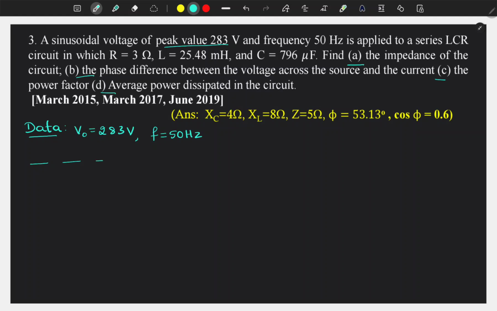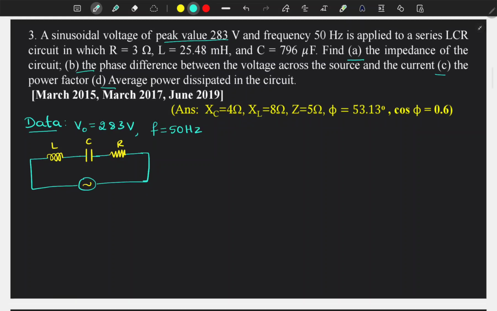So an inductor, resistor and a capacitor connected in series, which is connected to an AC source. L, C, R.